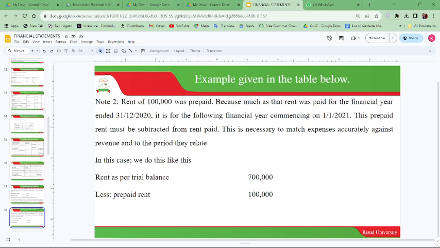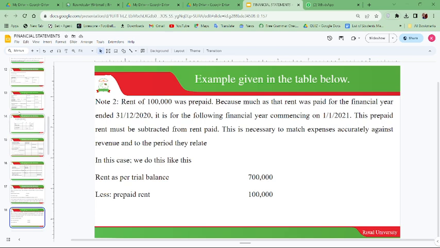Because much as that rent was paid for the financial year ended 31st December, it is for the following financial year commencing this. This prepaid rent must be subtracted from the rent paid. This is necessary to match expenses accurately against revenue and to the period they relate.